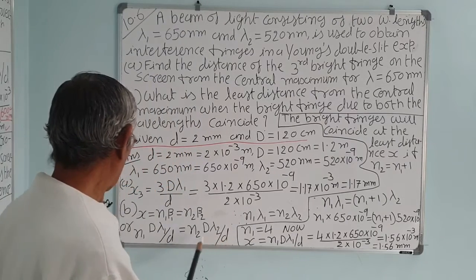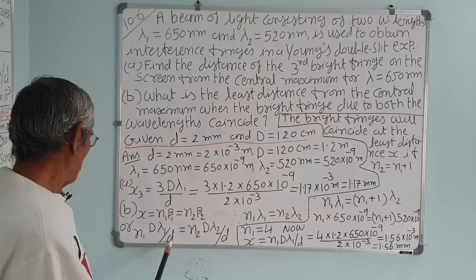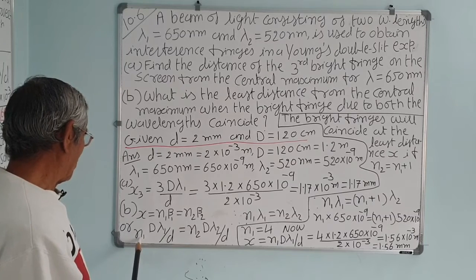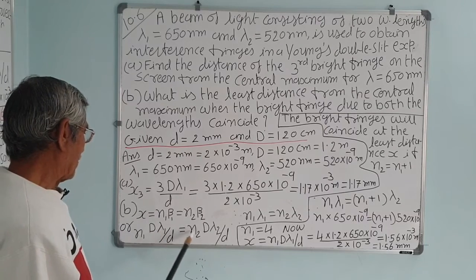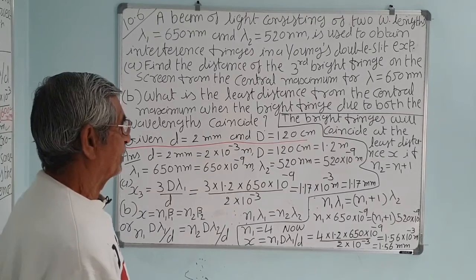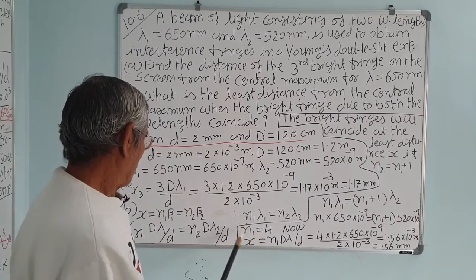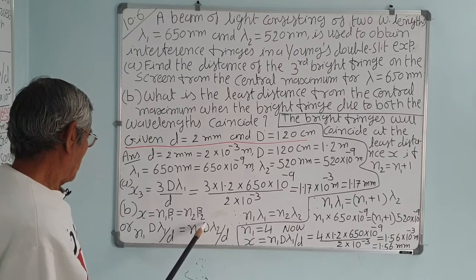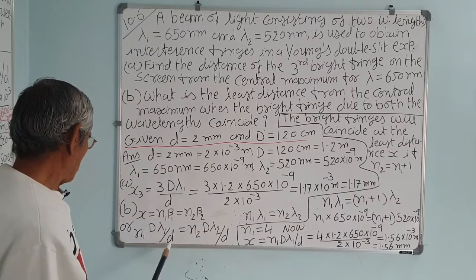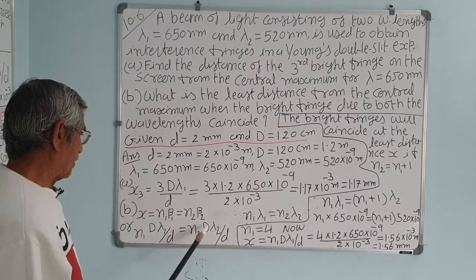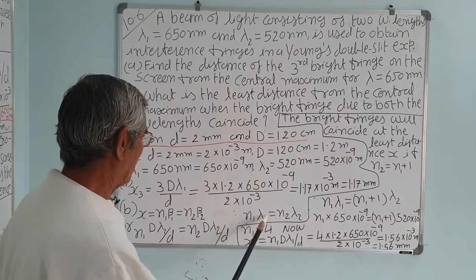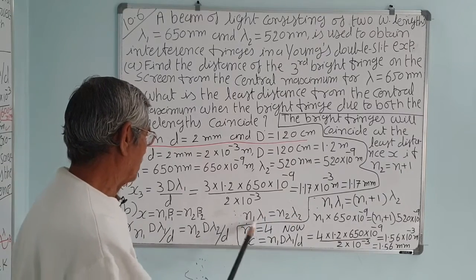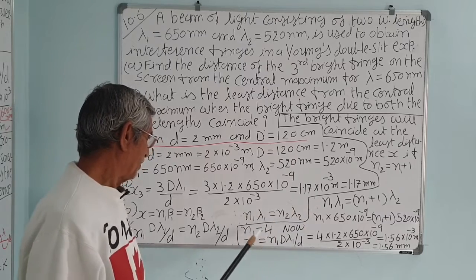Capital D is the same and small d is the same, only the order of the bright fringe differs, and it depends upon the lambda. Correct. So D and d will cancel, so n1 lambda 1 is equal to n2 lambda 2. Remember, this is an important equation.